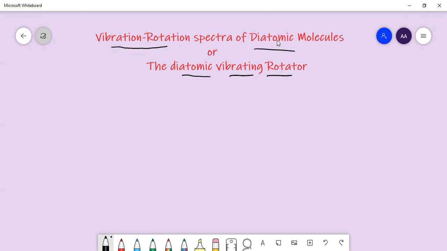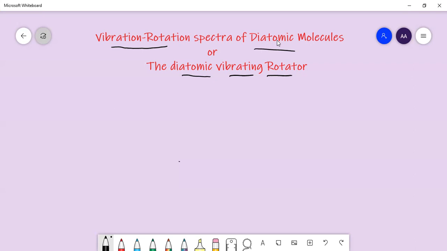So far we have discussed the rotational spectrum as well as the vibrational spectrum of individual rigid as well as non-rigid diatomic molecules, and we have seen how the transitions affect the spectrum of molecules, and what kind of information we can get from those spectra.